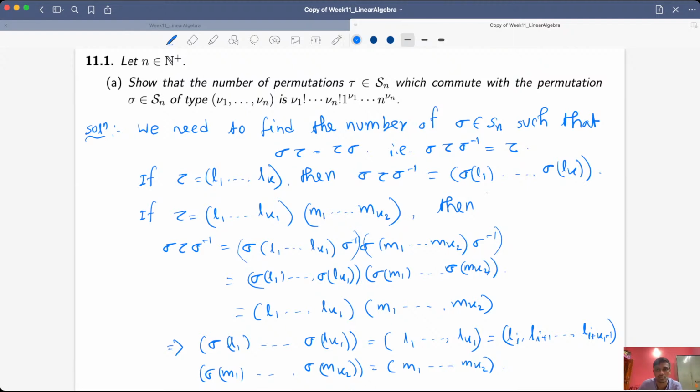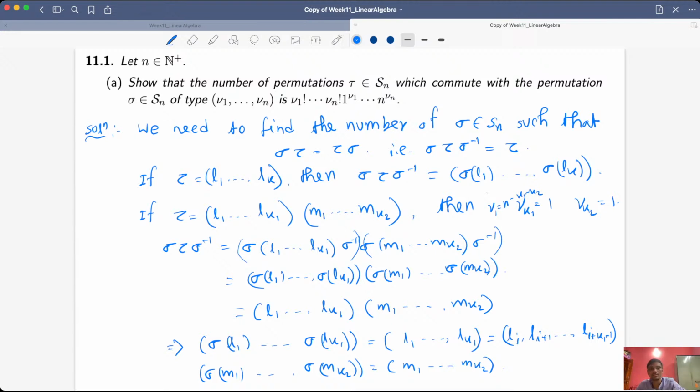Nu K1 is 1 and nu K2 is 1, and the remaining are 0, except nu 1, which is n minus K1 minus K2.